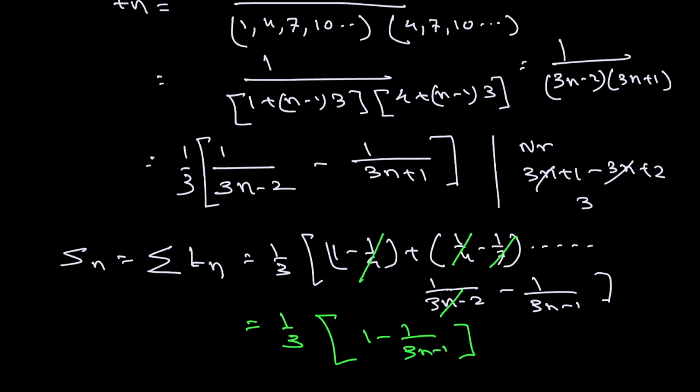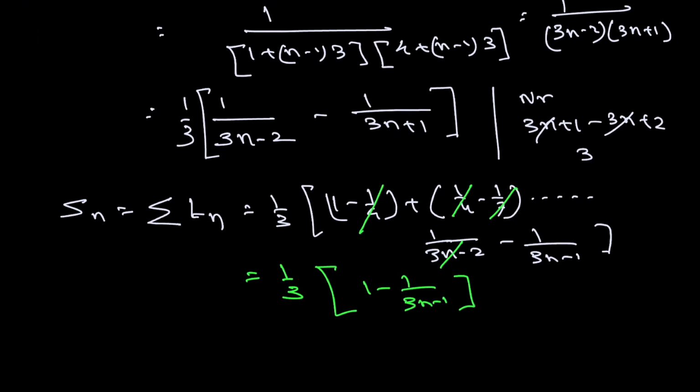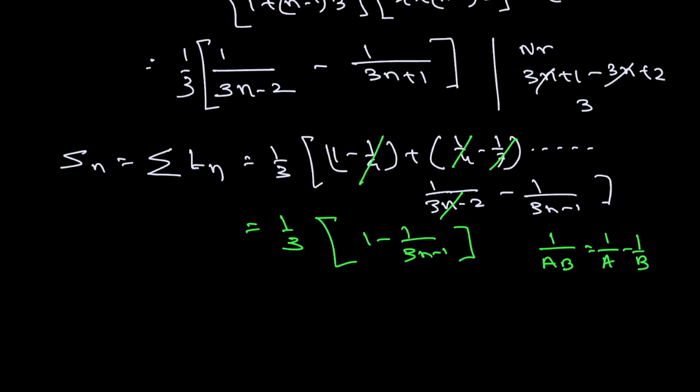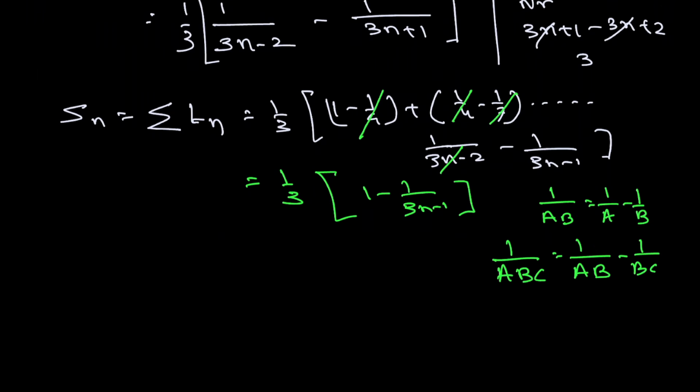What I want to tell you is to remember one thing: whenever it is two terms, we have to express it as 1 by a minus 1 by b, with some adjustment in the numerator that we have to separate. If it is 3 terms, 1 by abc, we express it as 1 by ab minus 1 by bc.